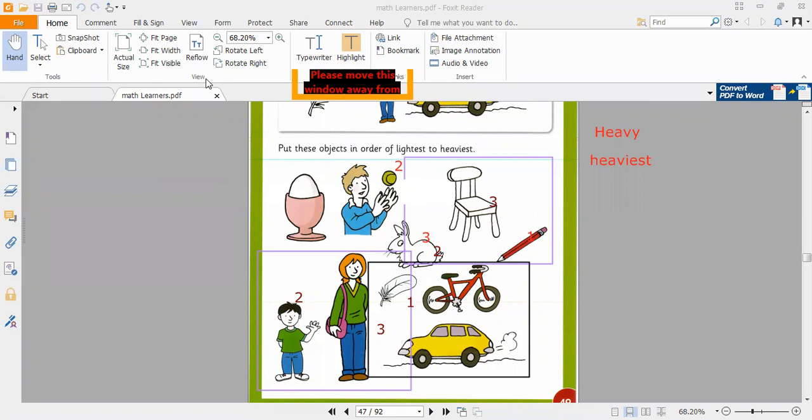Okay, Hamza Salahuddin, you tell us which one is heavier, feather, cycle or car? A car. Car is the heaviest. We have to put lightest.